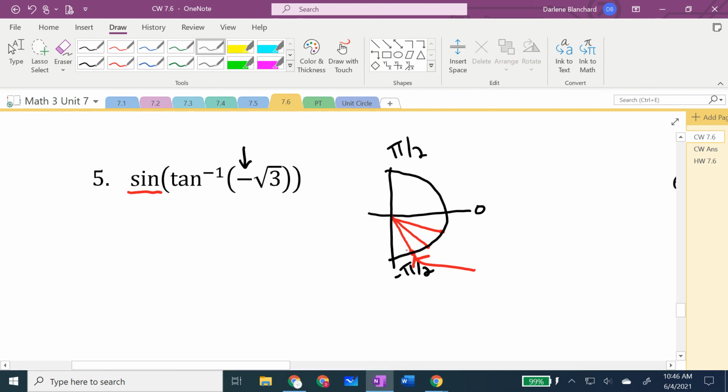And the sine of that angle is the y-coordinate of that angle. And with the unit circle, things are in certain positions where you know that this is in the position of negative root 3 over 2. But I also want to mention, what angle is this if I'm using inverse tangent? And keep in mind, you have to use a negative angle.